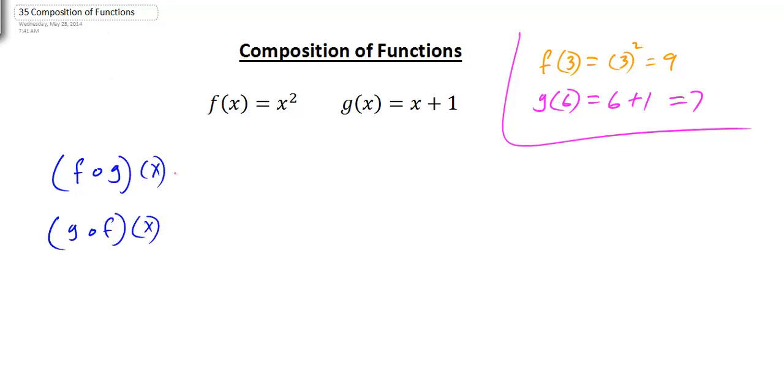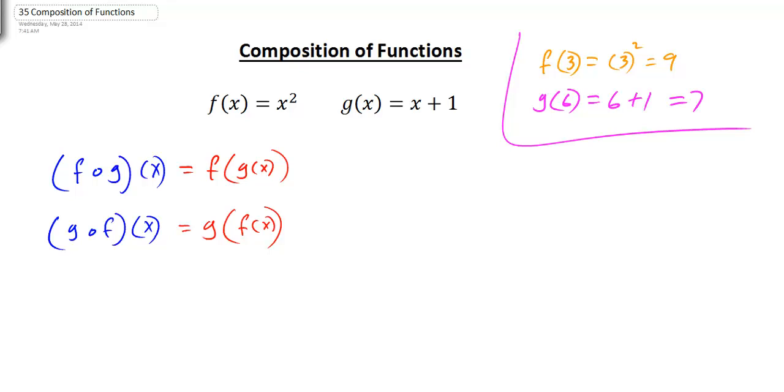Now, the way I like to write this, when you see f circle g of x here, I like to actually write it this way, f of g of x, okay? Or down here, I would write this one as g of f of x. I just think this notation is a little bit easier to follow what we're trying to find.